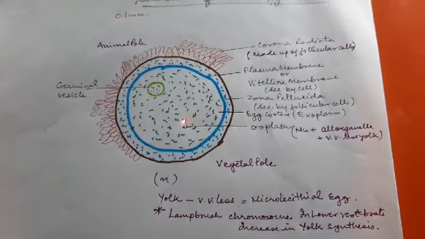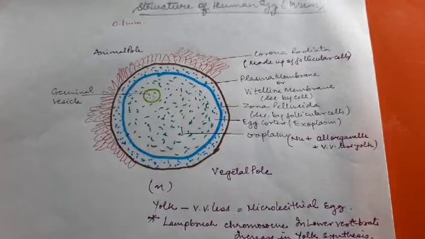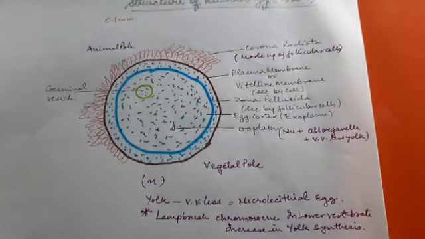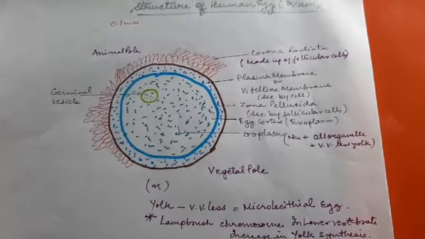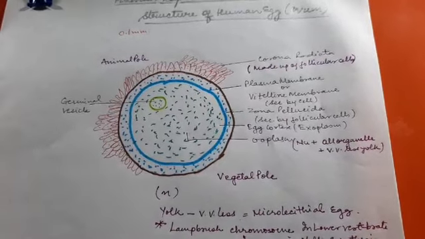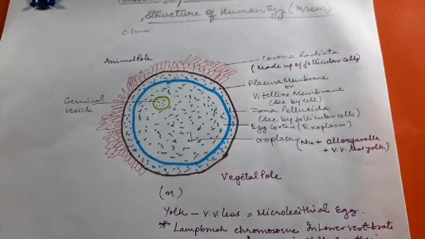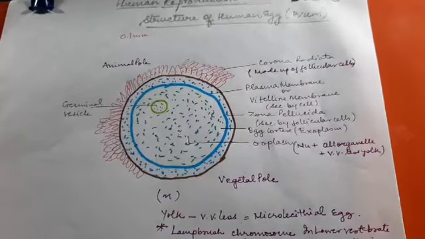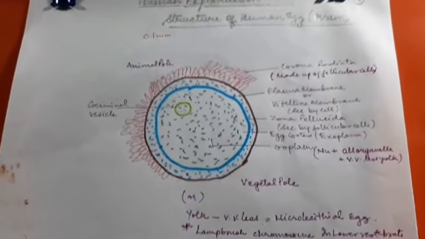So, this is the ooplasm and the outer part is the egg cortex. The ooplasm has the nucleus and all organelles and also has nutritive content, that is yolk, and in case of human it is very less.